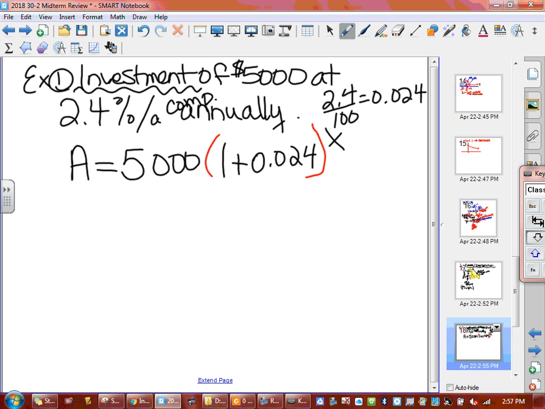Now, if they said, when will it reach $10,000 or when will it double? Sometimes they'll say double and not tell you where that number goes. Well, if they're saying doubling, that's a money number, that's your A, accumulated amount. If they're asking for time, how long did something take? They're asking for the X, the N. Okay, they're asking for time.